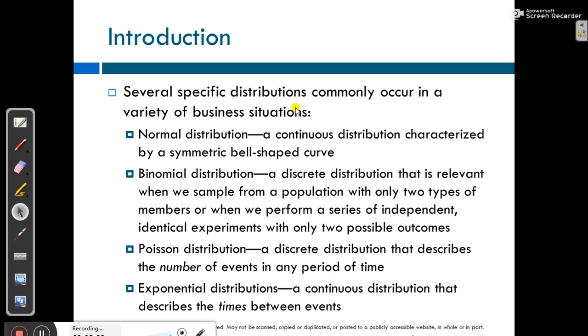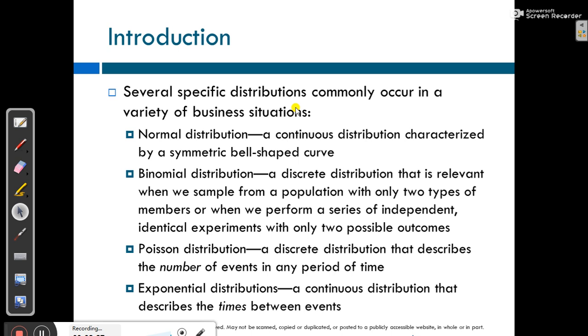This distribution is discrete and relevant when we sample from a population with only two types of members, and after we apply a series of independent identical experiments with only two possible outcomes, then only we can draw this binomial distribution.